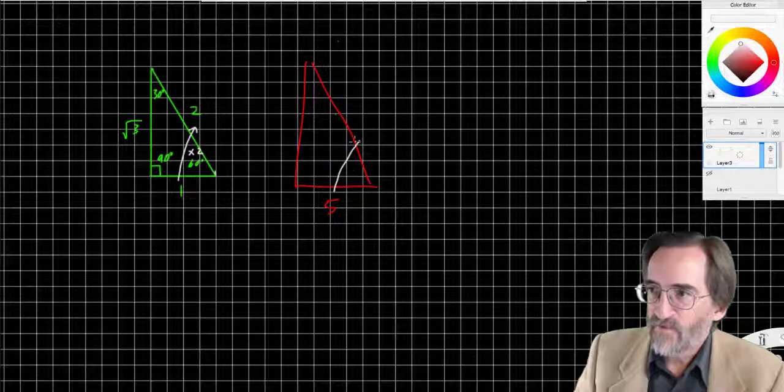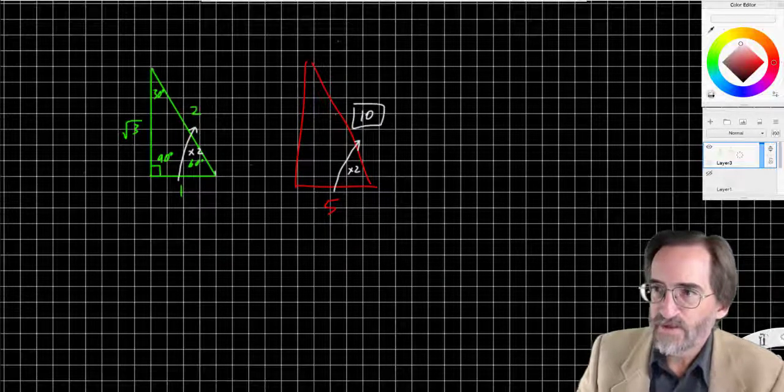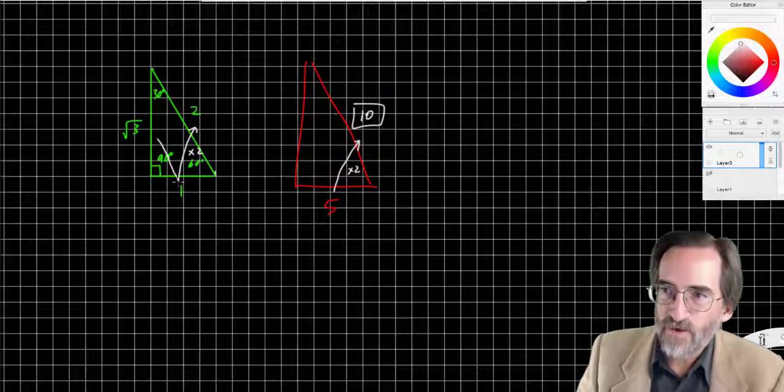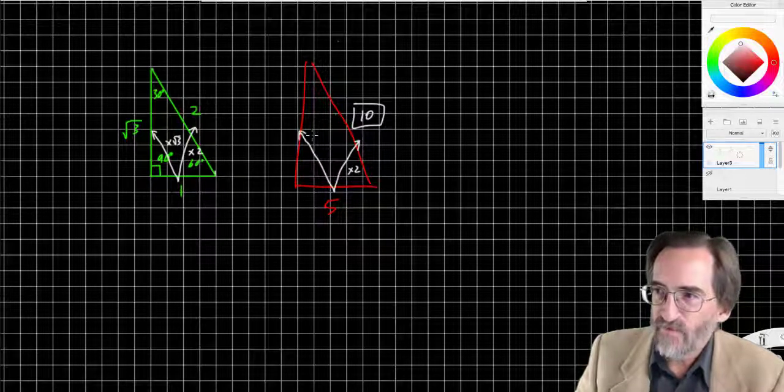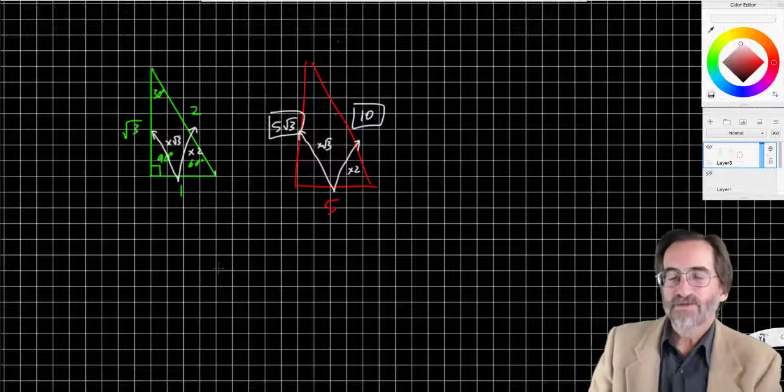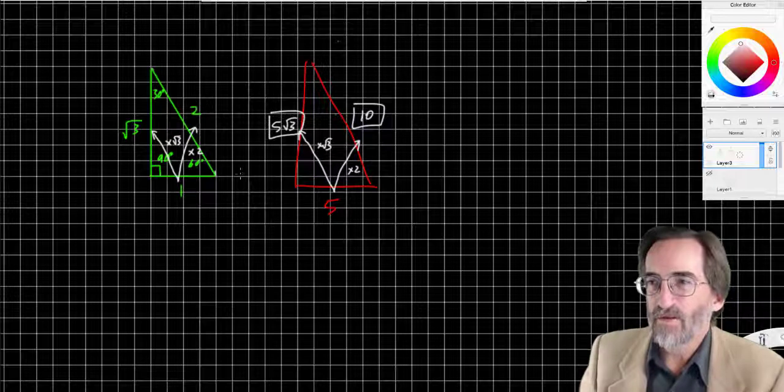So 5 times 2 is 10. This is 10. In order to get from the short leg to the long leg, I multiply by root 3. So this is 5 times square root 3. 5 root 3. Okay? It's that easy. It's really not terribly complicated.